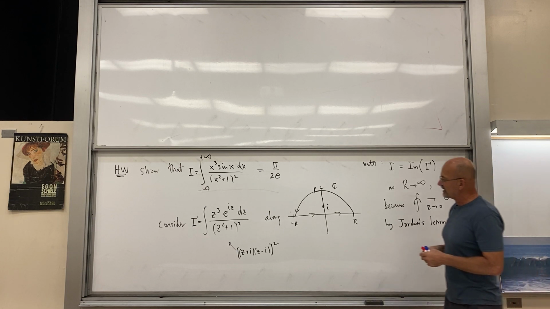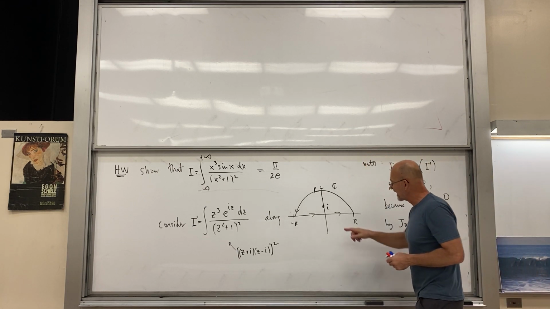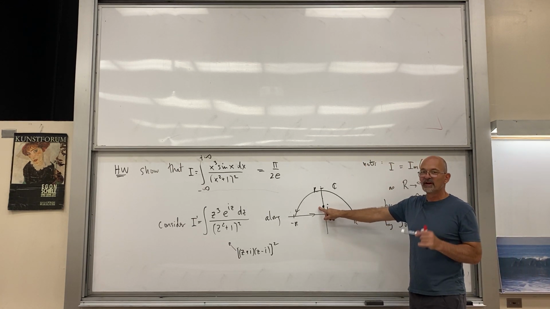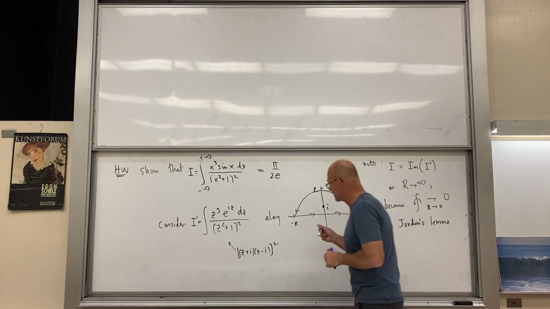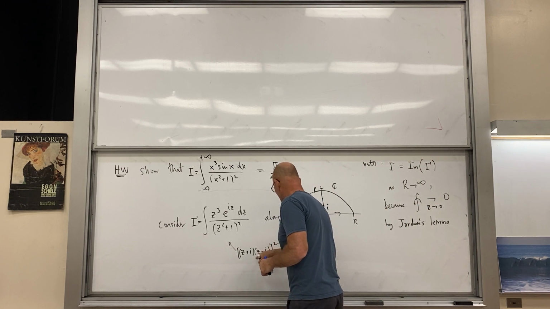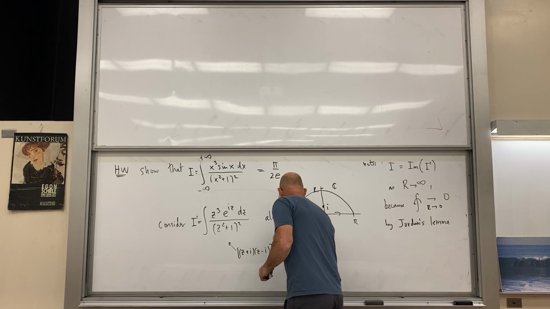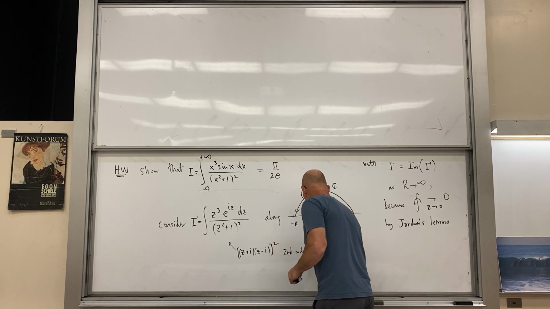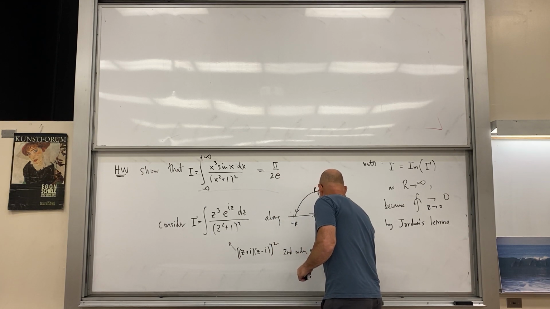So that's not that bad. You're going to have one residue here, but it's a second order residue at z equals i, right?